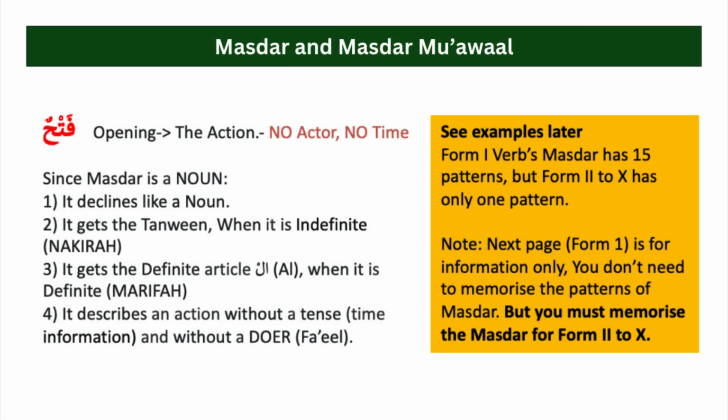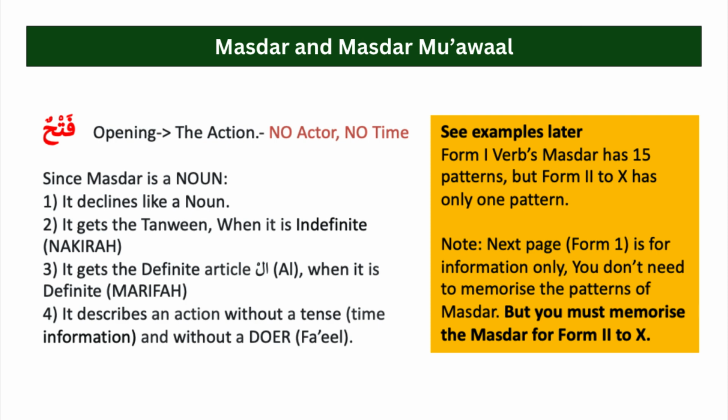For example, the word fathun means opening. It represents the action, but it does not tell us who opened or when it happened. So it is just the idea of opening. And since Masdar is a noun, it behaves like a noun. It can take tanween when it is indefinite, it can take alif lam when it is definite, and it follows the rules of nouns in grammar.